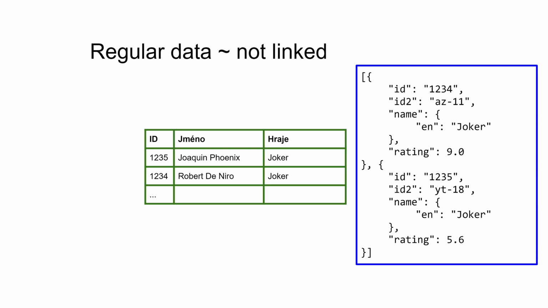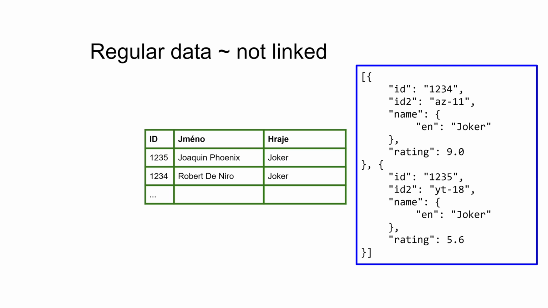On the right, we have a typical JSON dataset. And here we already see the first problem. We have two different data formats, and for us to work with the data together, we first need to integrate the data into a single data format before we can actually do something with the data.